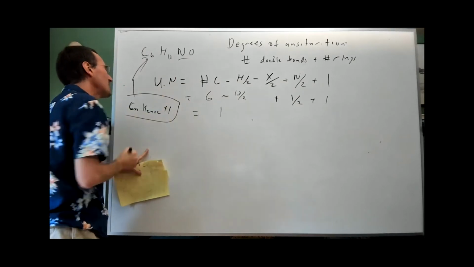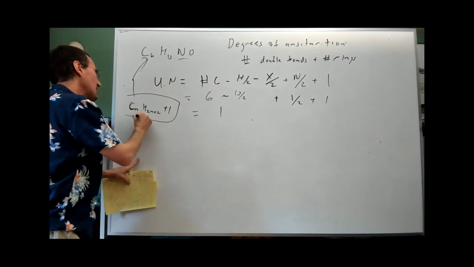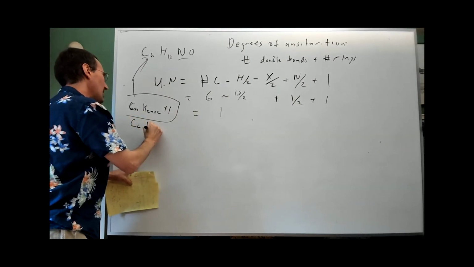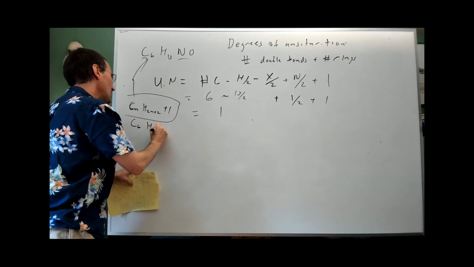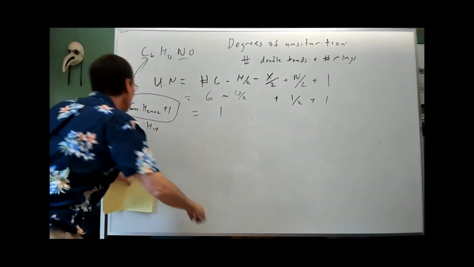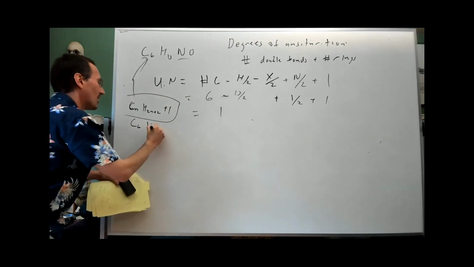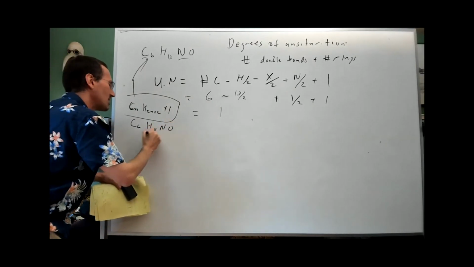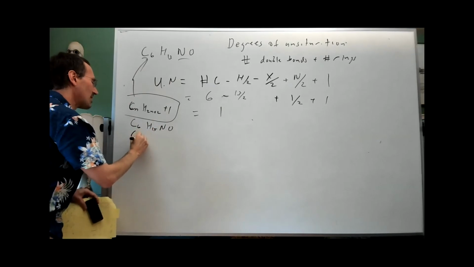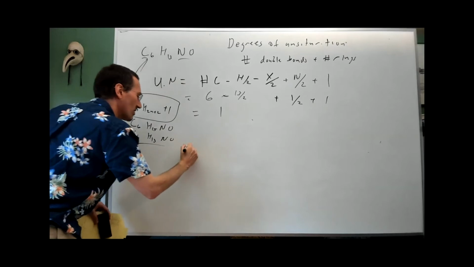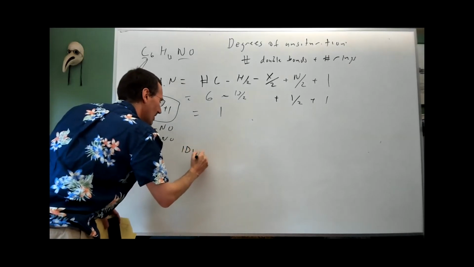So that's my thinking on this, is basically, okay, well, it would be C6H14, H15 if it were saturated. And oxygen doesn't count, but we're C6H13NO, so it's 1 degree of unsaturation.